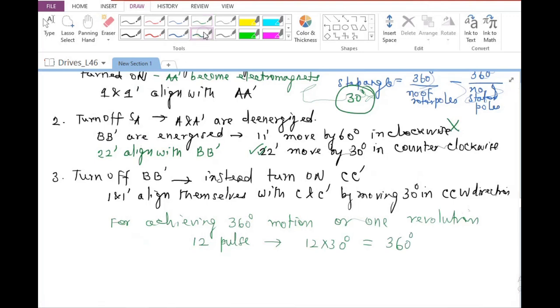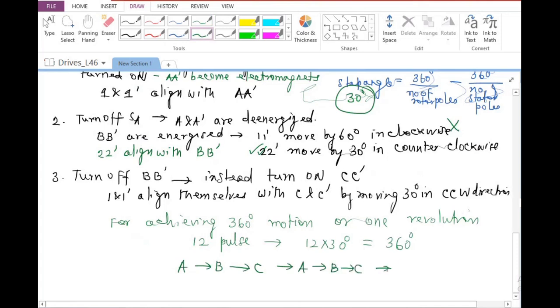But all the same, A and B and C, this is the sequence we are adopting repeatedly. So ABC sequence gives us counterclockwise rotation.